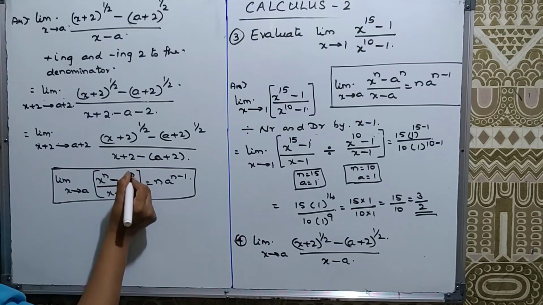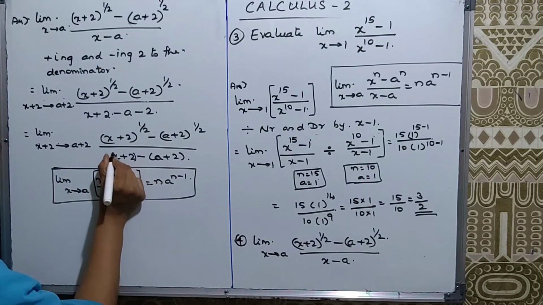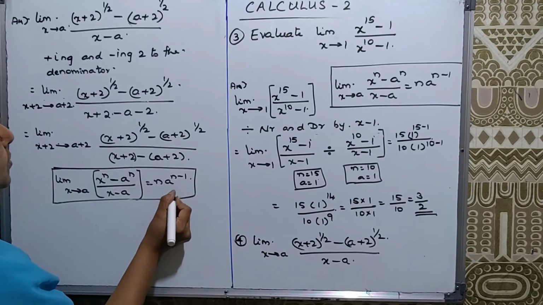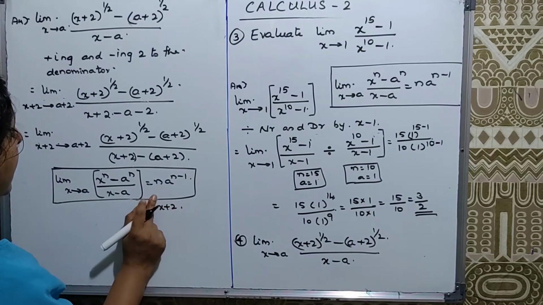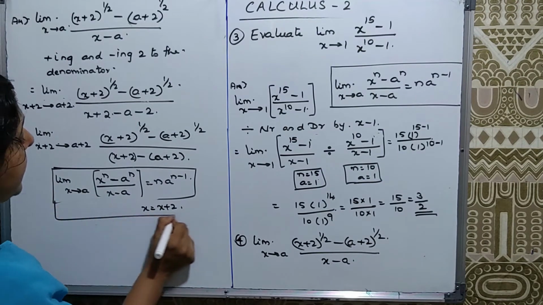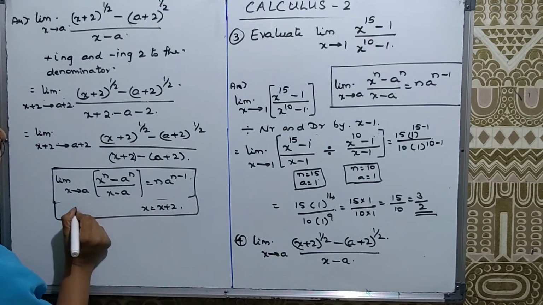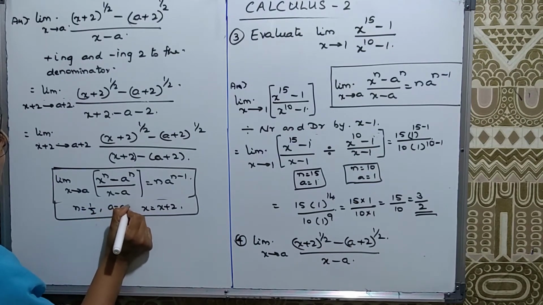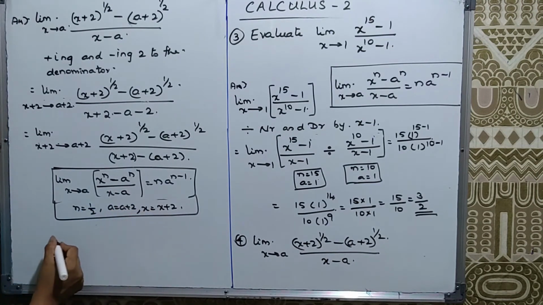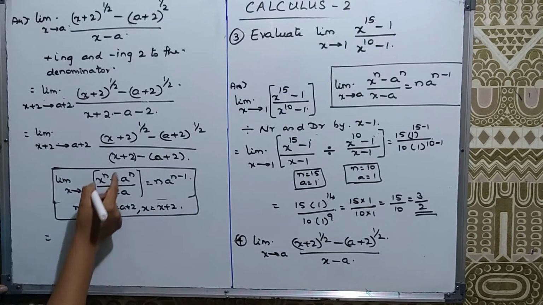So here according to this question, x will be x plus 2 and n will be equal to half and a will be equal to a plus 2. So the formula directly we are writing now.